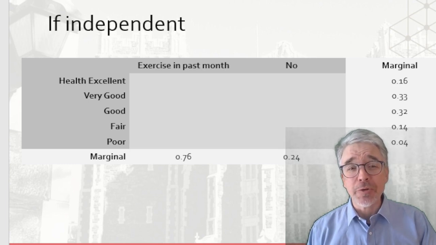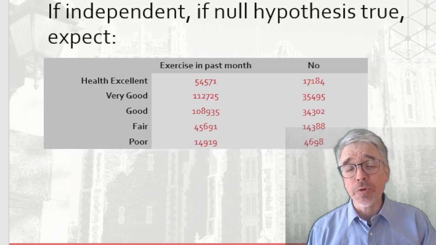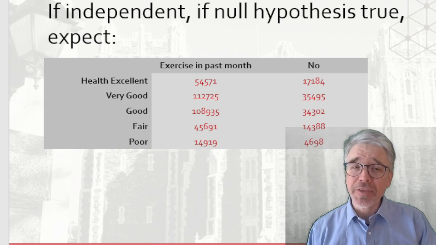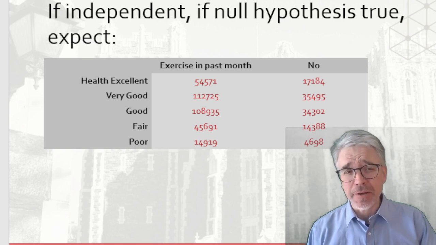Then multiply by the total number of people in the sample to get the hypothesized under the null hypothesis number who would be expected in each box if the two numbers were really independent. That's this table, where I put these numbers in red to remind you they're not actual observations. These are the counterfactuals, what would be expected if the categorizations were independent.